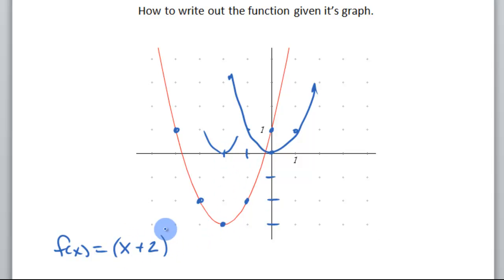So I have to put my parentheses around it, squared, and now subtract 3. That subtract 3 on the end there is affecting the y values, so it makes you take 3 away from your y's, and that puts you right there. So this is a function form of a parabola that has been shifted to the left 2 and down 3.